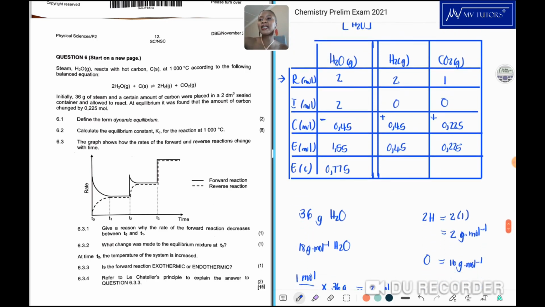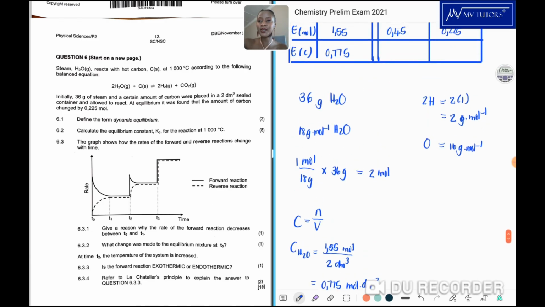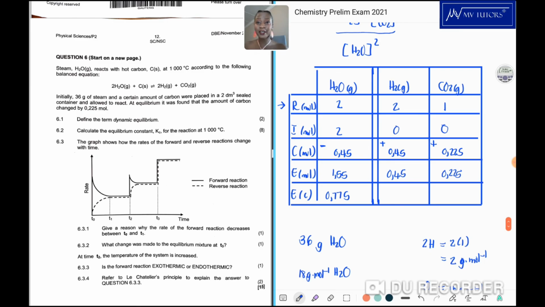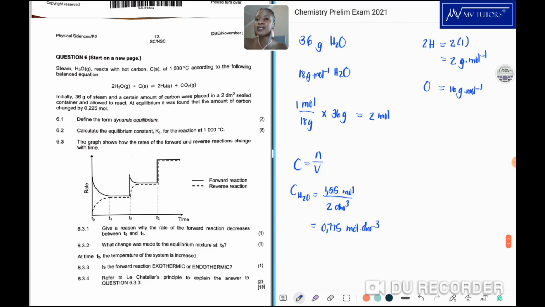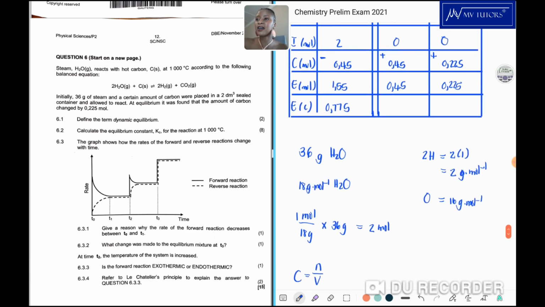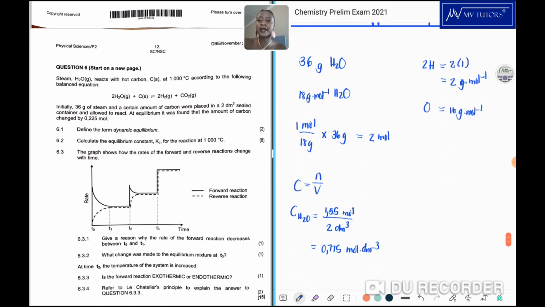And what will the values be for hydrogen and carbon dioxide? We have the number of moles, and remember all of this is taking place in a 2 cubic decimeter sealed container. So you're going to do the same thing as for the steam: take the number of moles and divide it by 2.